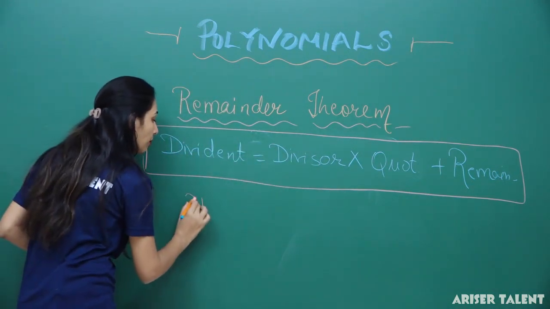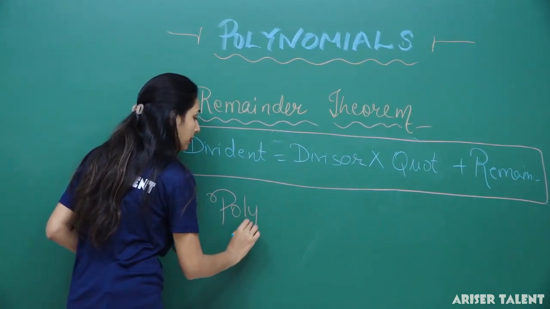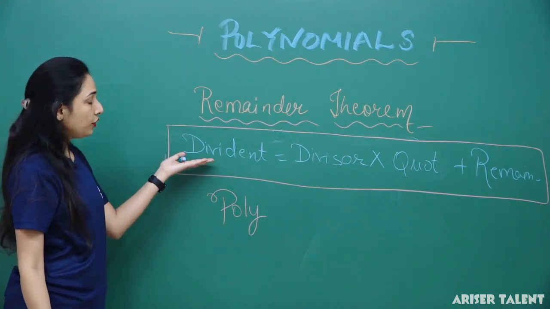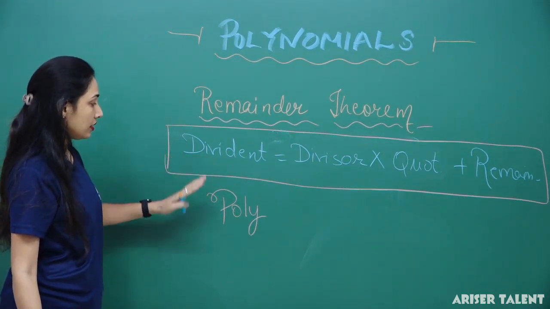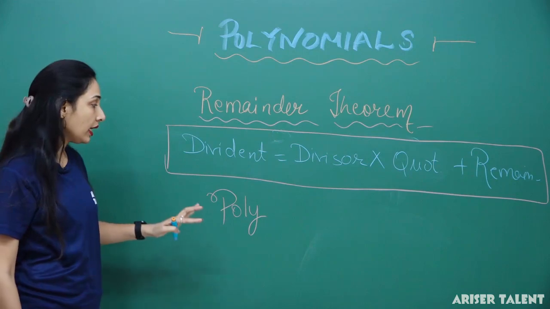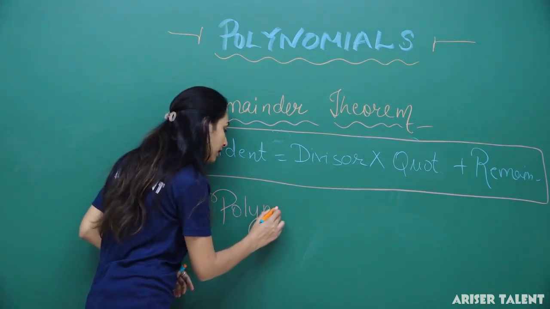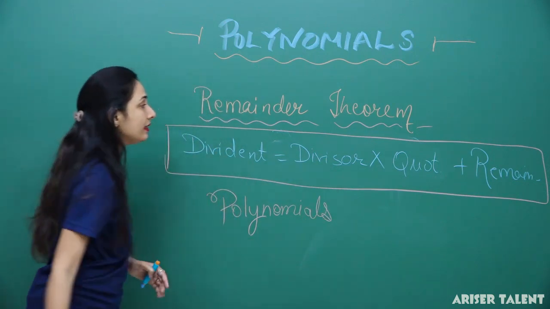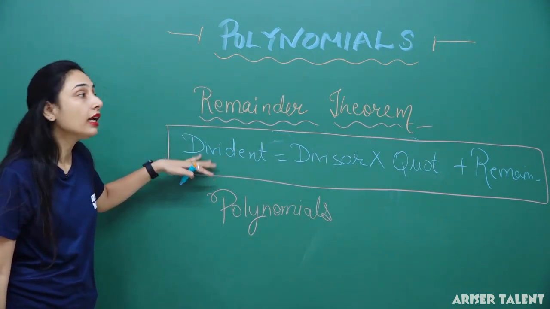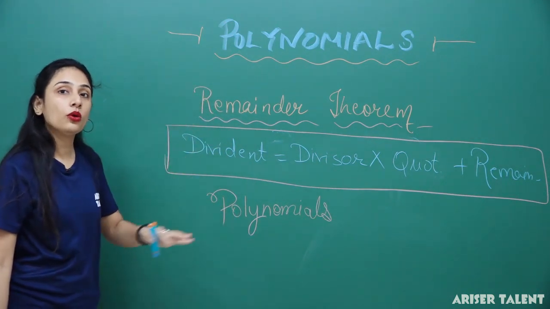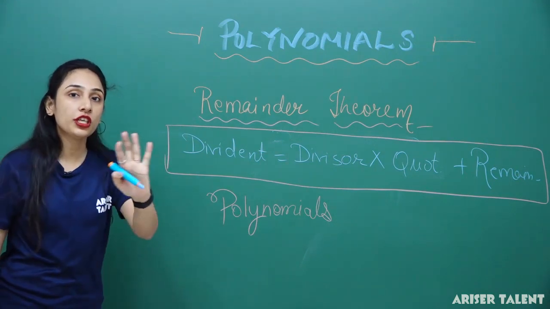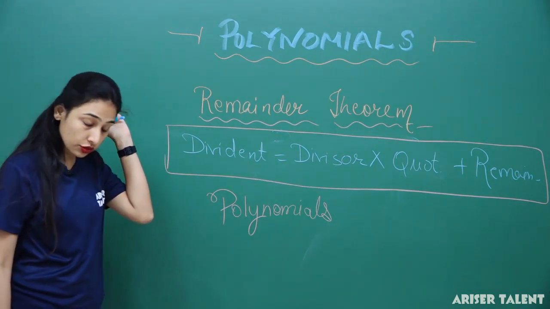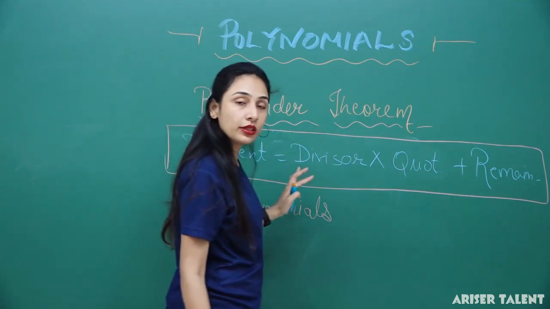Now if I talk about polynomial, because you have been taught about this as numbers, but if I talk about polynomials, what if I say that this is exactly the remainder theorem you are going to study, there is no change. So is it good news or bad? It's good news, student.